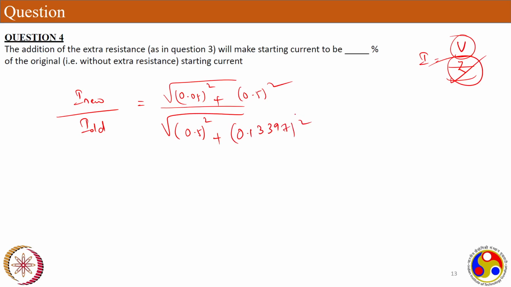0.1339 square. If you calculate this, 0.5 under root of it, 0.05 square plus 0.5 square, divided by this, I'm getting 0.97 something.